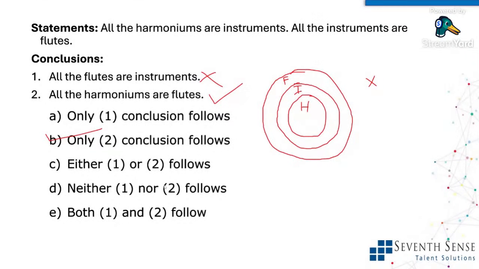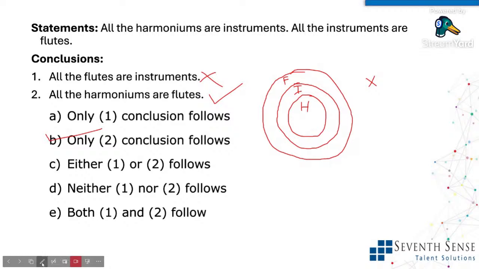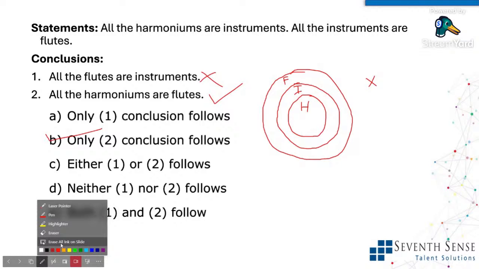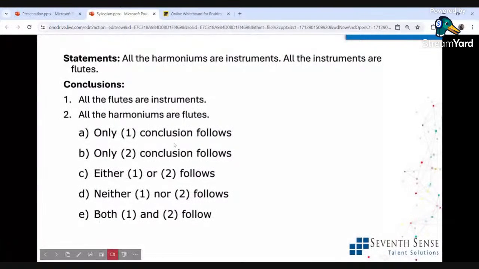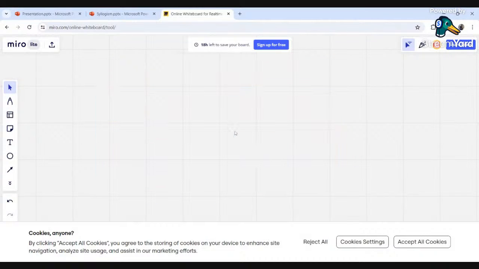Now, let me explain it in a simple way. I have shown you two examples, so let me explain how to do this in a better way. I'll be going back to the whiteboard over here. Let me erase this. See guys, it is very, very simple. For example, if I have a statement telling that all dogs are cats.